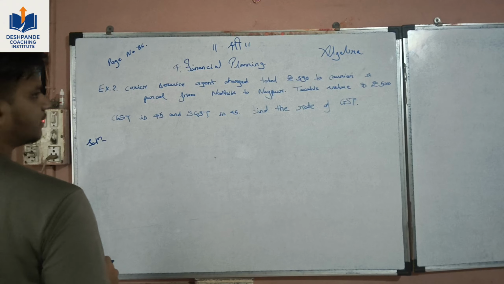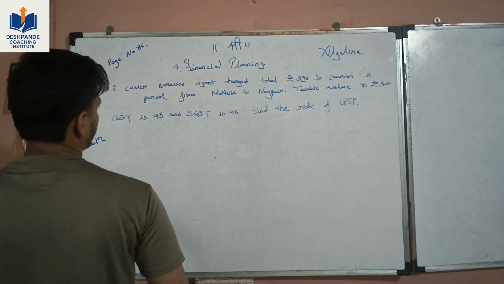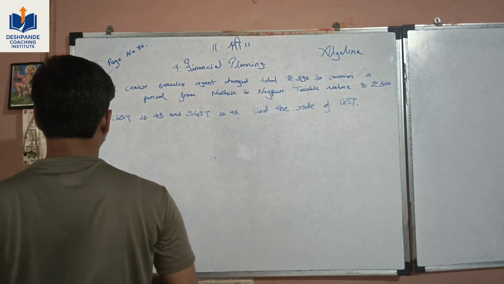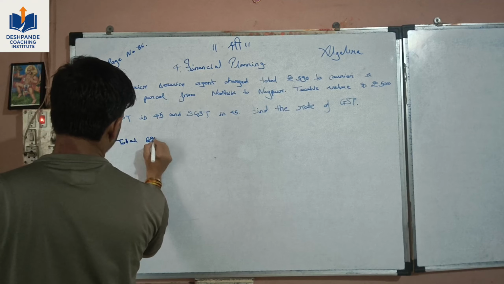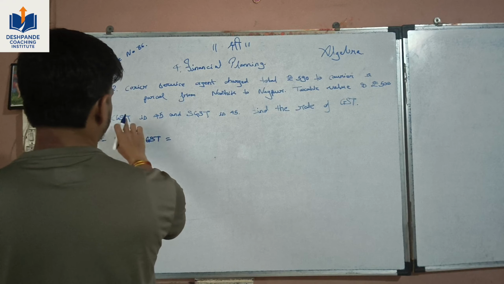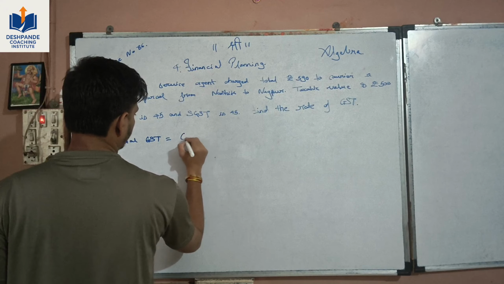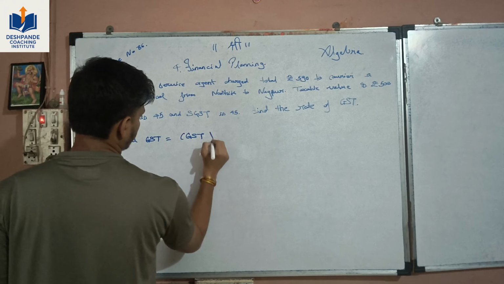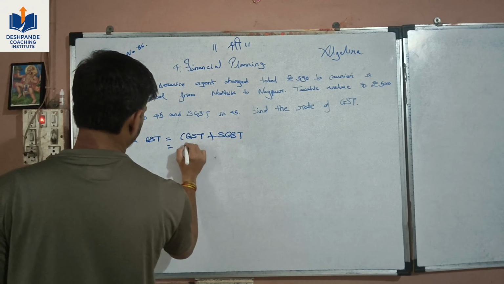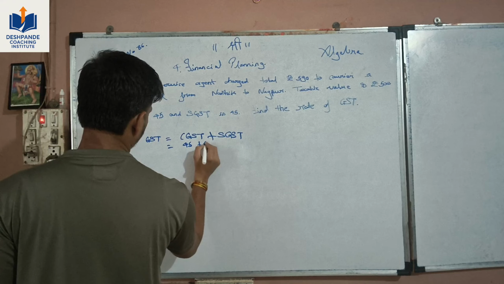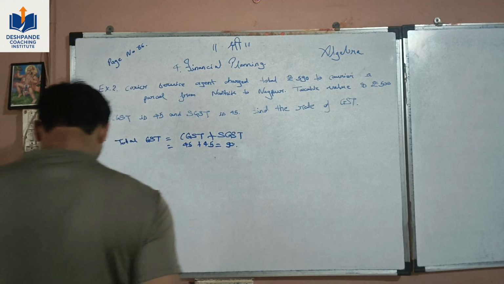What is the total GST paid by the consumer? Total GST is equal to CGST plus SGST. It is equal to 45 plus 45, which is 90.